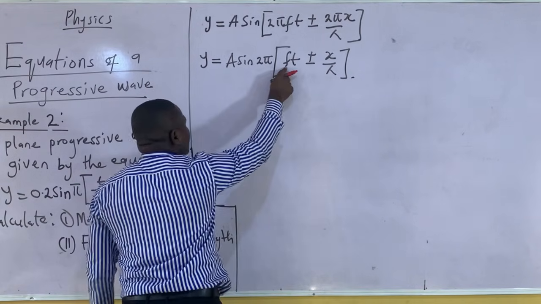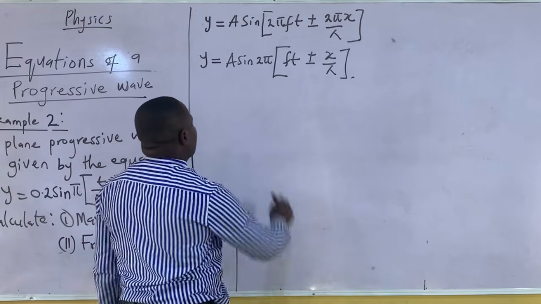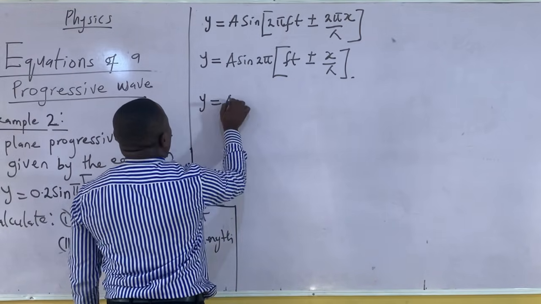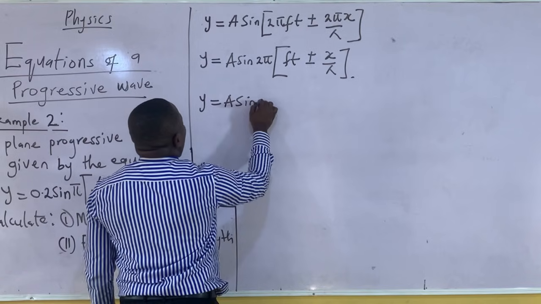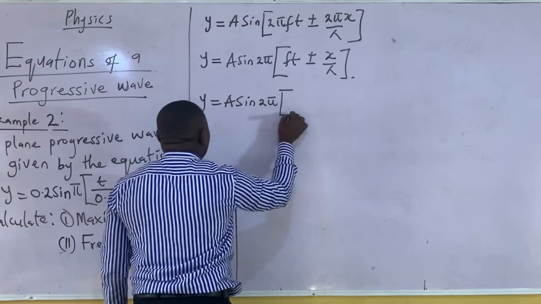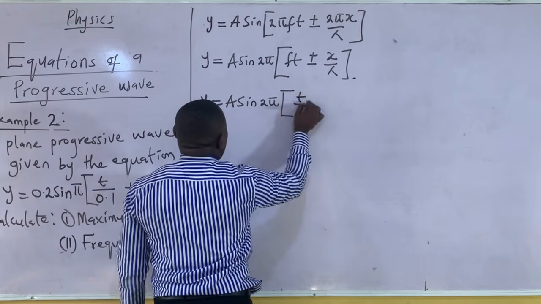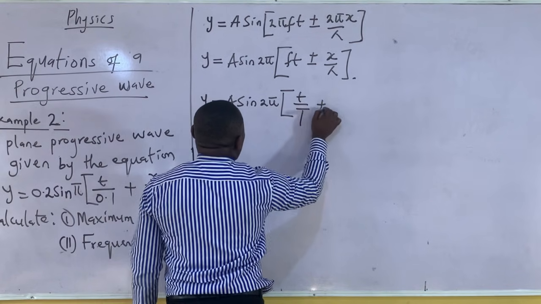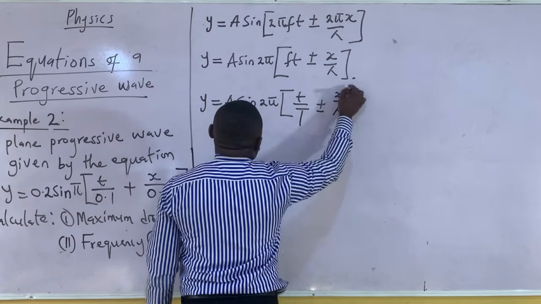Now, converting your f to 1 over T, we will now have y is equal to a sine 2 pi open bracket t over T plus or minus x over lambda.